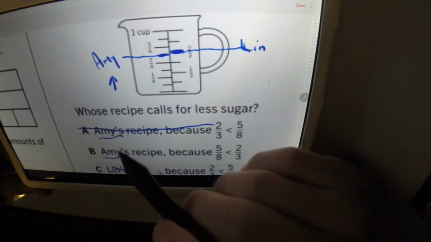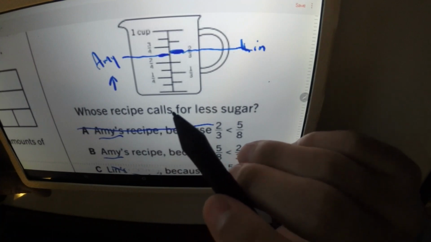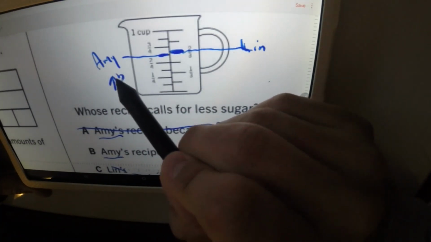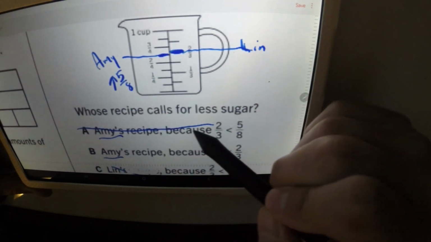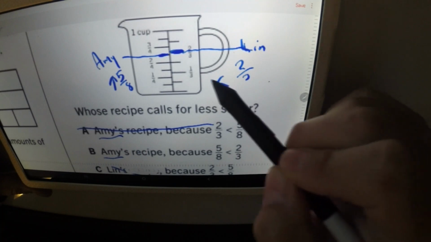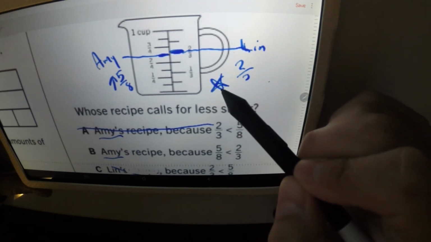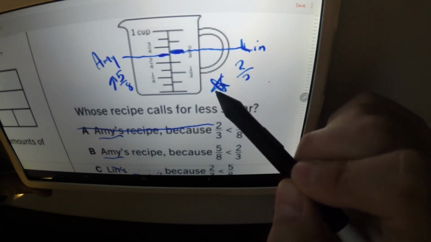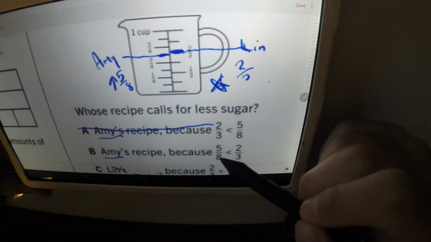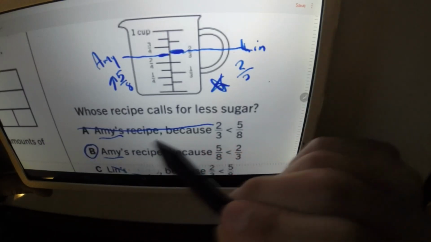B is really the only answer that's left, so it's got to be B, but we're going to work it out. Amy's recipe because 5/8 Amy is less than 2/3 Lynn. Ding, ding, ding. That's our answer. It is Amy, and this is the correct reason why. So it is B. All right, easy peasy.